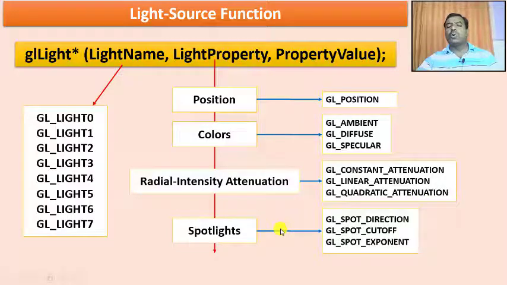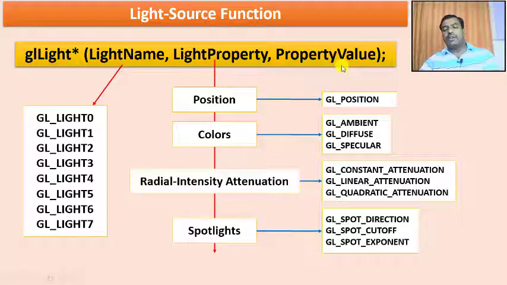If I talk about spotlight, I am going to have GL_SPOT_DIRECTION, GL_SPOT_CUTOFF, where exactly the spot should be cut off, and GL_SPOT_EXPONENT. As the distance moves, the spotlight intensity will fall off exponentially. Is it clear? In total, I am going to have 10 symbolic constants which you can make use of as the second parameter.